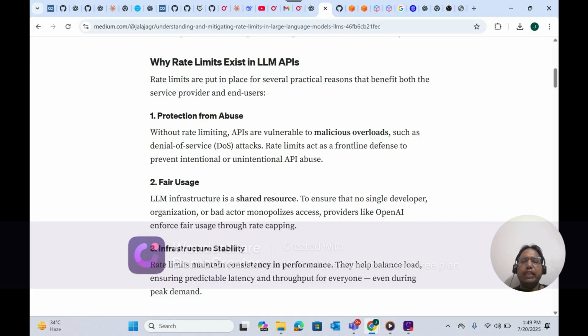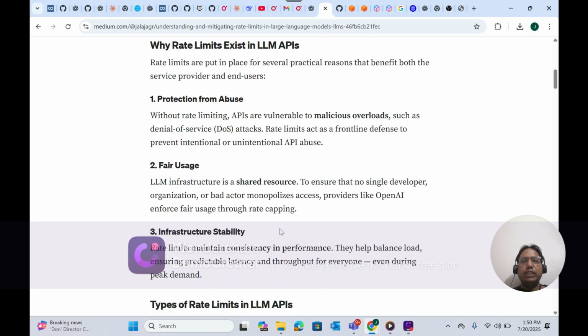It means that no single developer or organization should exploit the model, so everybody can use the model with equal access. And the third reason is infrastructure stability. If they get lots of requests at a certain time, most of the requests will fail or there will be latency. To prevent that, they also put the rate limit.